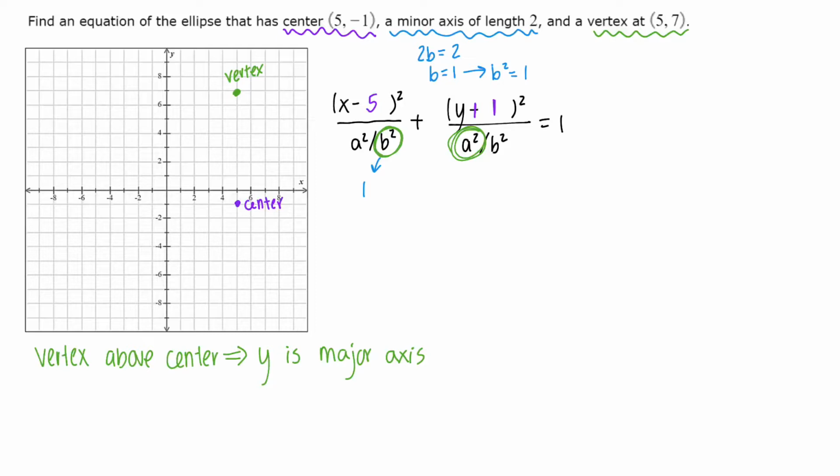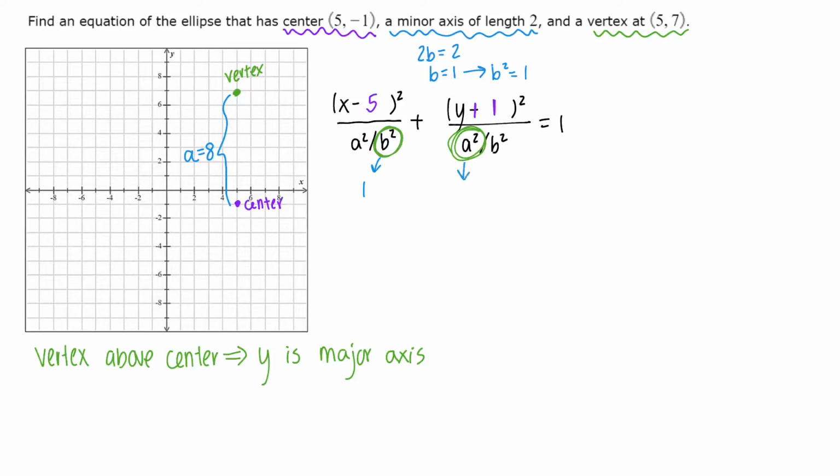Now to find a. We know that a is the distance between the center and the vertex. So this distance right here has to be a. If we count 1, 2, 3, 4, 5, 6, 7, 8. The vertex is 8 units away from the center, so that means that a is equal to 8.